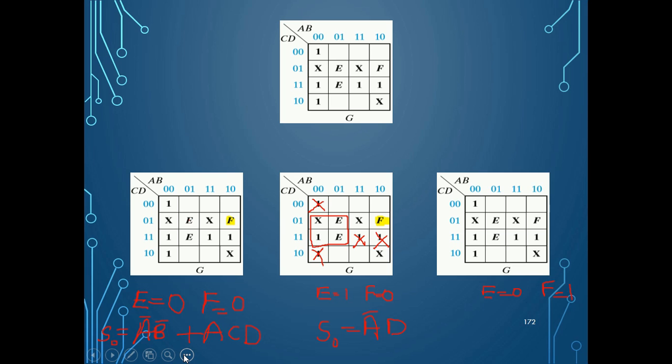What will be the solution? Here, if F is equal to 1, to include F in the expression, I can take the expression as S2 is equal to AD. So this is the final expression. These are the solutions, three different solutions in different cases of E, the entered variables.